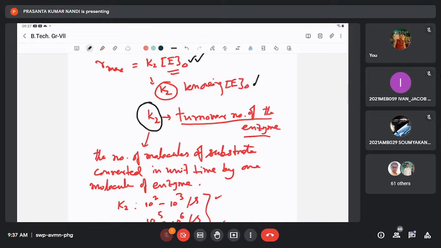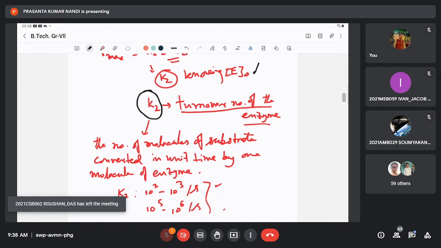If the magnitude of k2 is large, that means the enzyme is highly efficient in this chemical transformation. A highly efficient enzyme is able to decompose a particular substrate quickly, because how many substrate molecules one molecule of enzyme converts is indicated by this quantity, which is popularly known as the turnover number of enzymes.